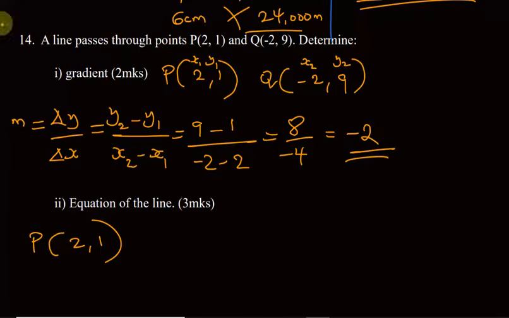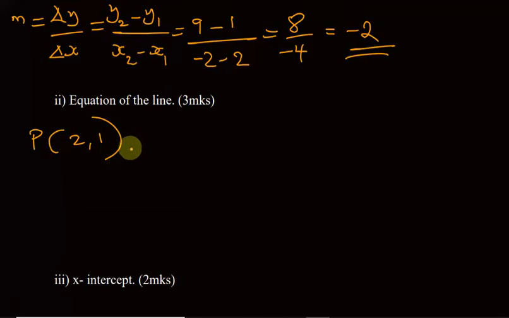Then we add another coordinate we don't know, so x and then y. Then we use the equation of a gradient to find it. The equation is m equals change in y divided by change in x. We are going to use this.